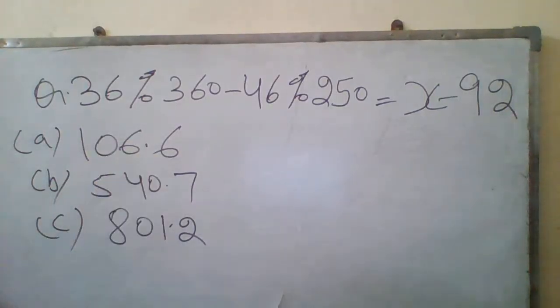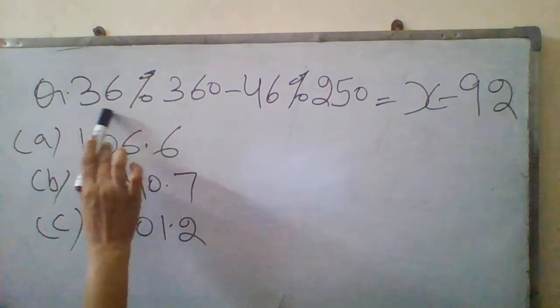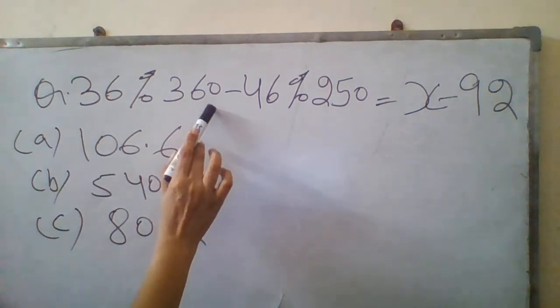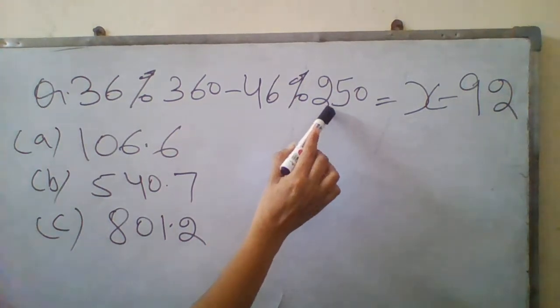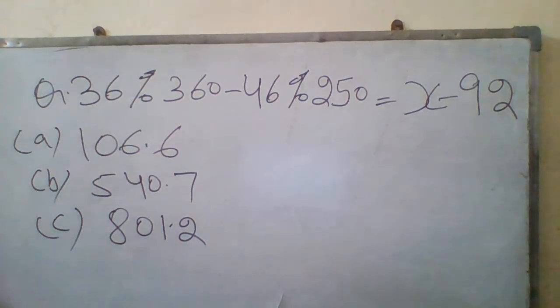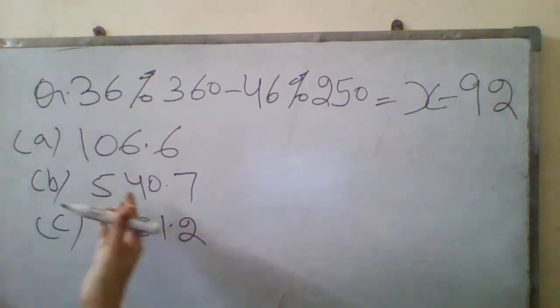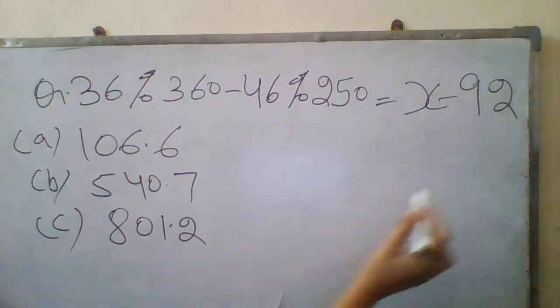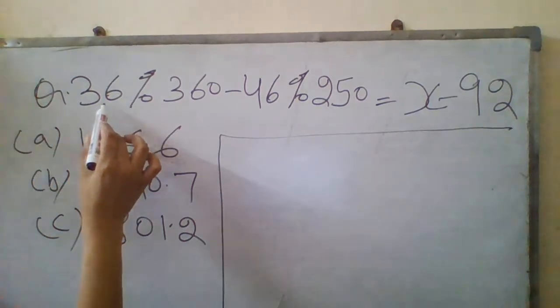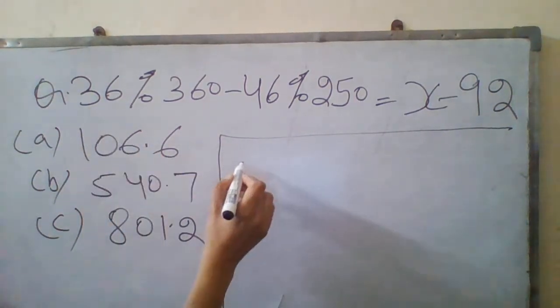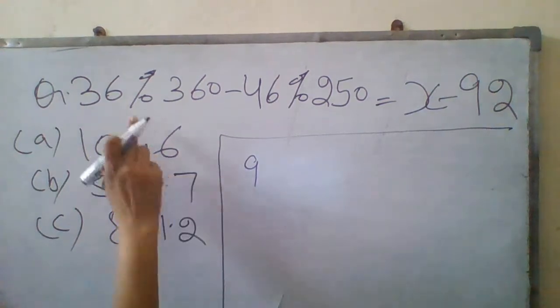Now you see, this is the equation I have given you. 36% of 360 minus 46% of 250 is equals to x minus 92. And in these three options you have to find it out. So you find out the solution. 36, so the DR is 3 plus 6, that is equals to 9.